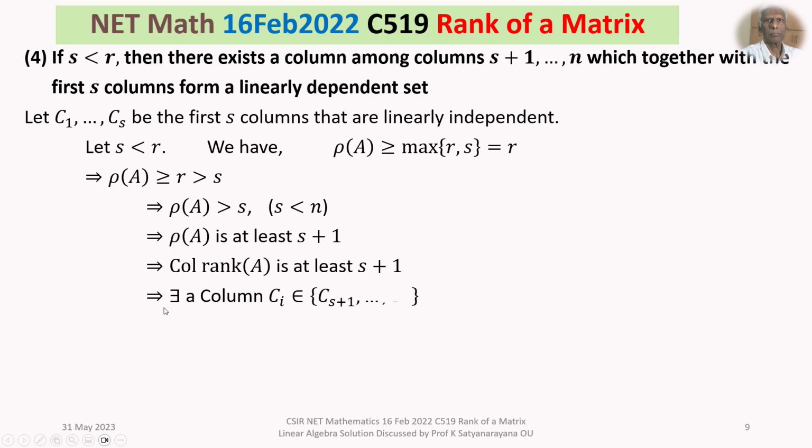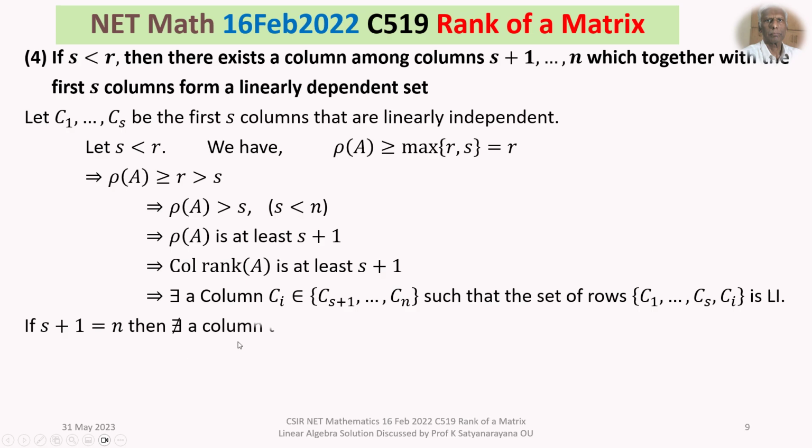So, there exists at least one more column, let us say Ci, from the remaining columns Cs plus 1, Cs plus 2, up to Cn, such that the first S columns together with this Ci are linearly independent. So up to that it is okay. Now, suppose your S plus 1th column is Ci, right.